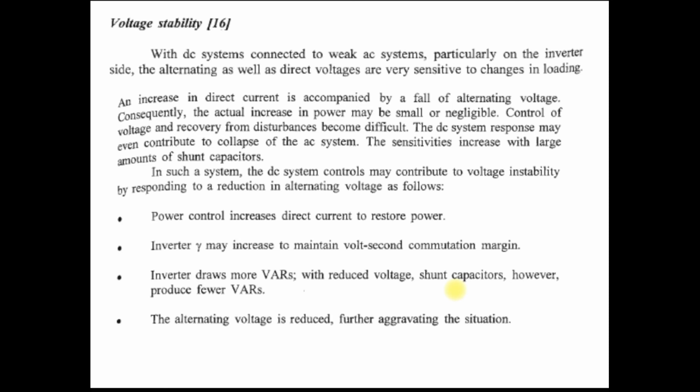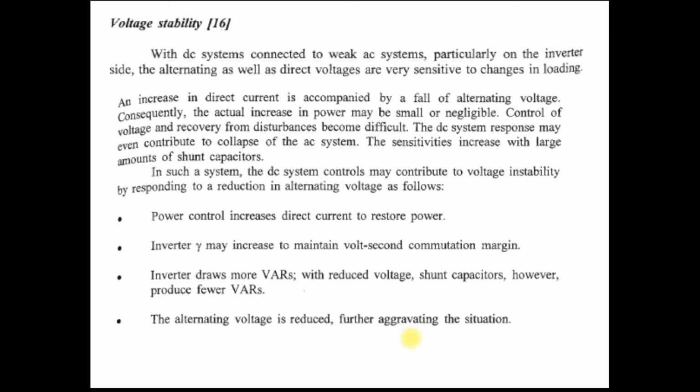But with the reduced voltage, the shunt capacitor is not sufficient to provide the required amount of reactive power. So at that time, the voltage collapses and that creates voltage instability. And the alternating voltage is reduced further, which aggravates the situation. It means that it creates very dangerous situations.